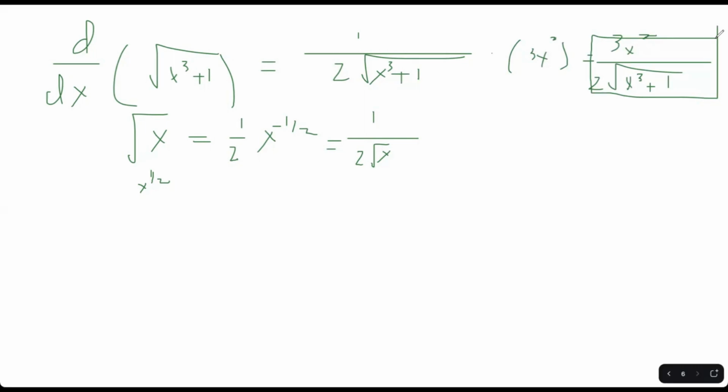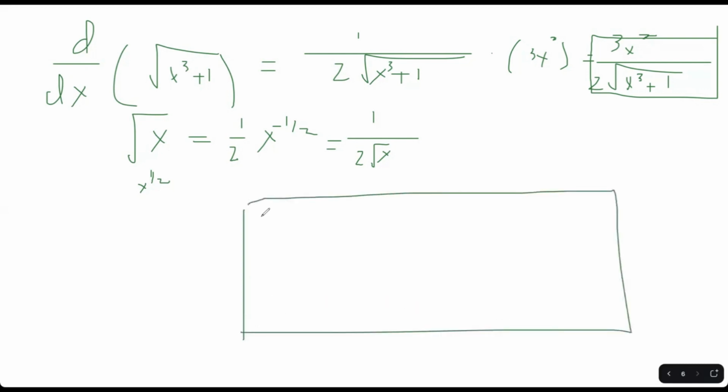I'm also going to talk about the derivatives of the 6 trigonometric functions. And I think a table probably explains it best. You have sine, cosine, tangent, and then you have cosecant, secant, and cotangent.